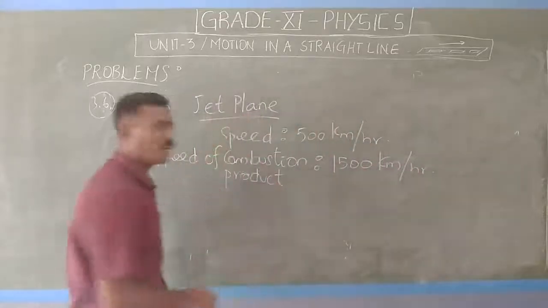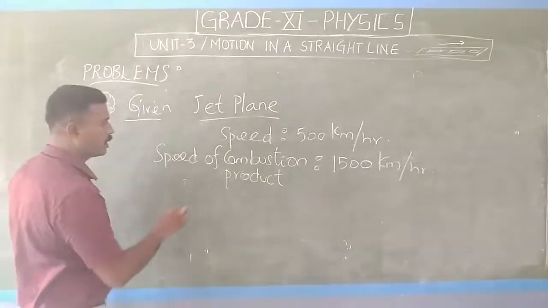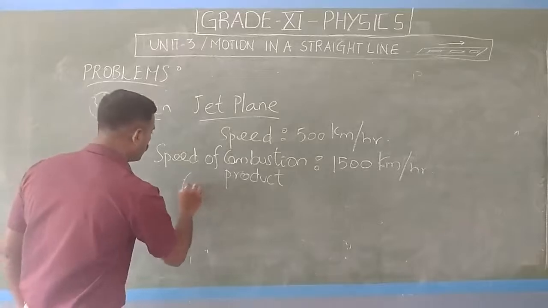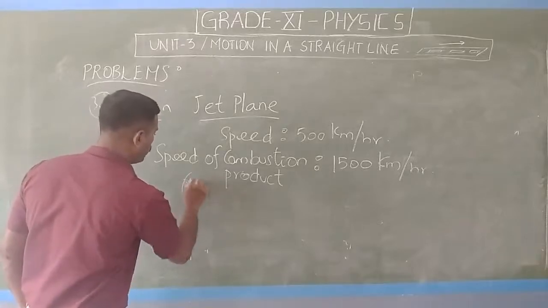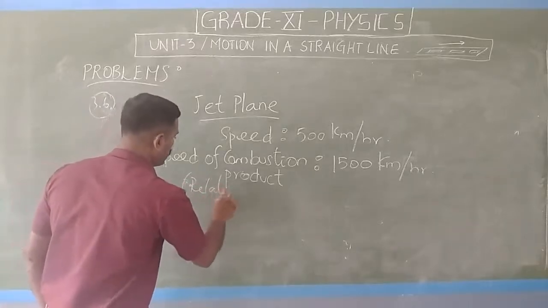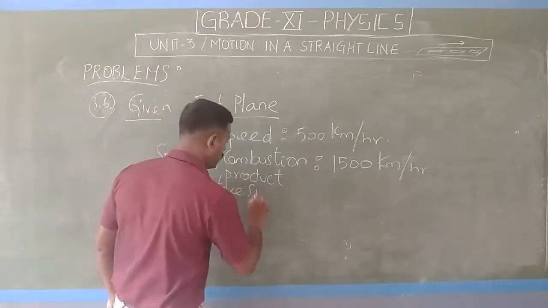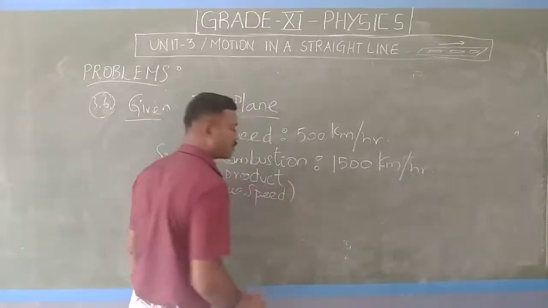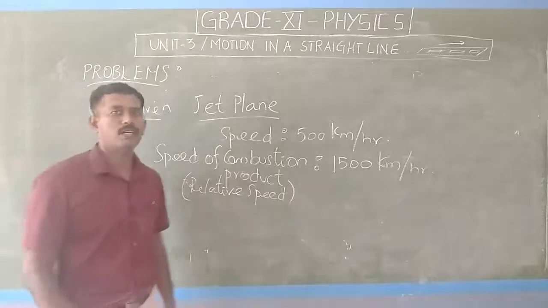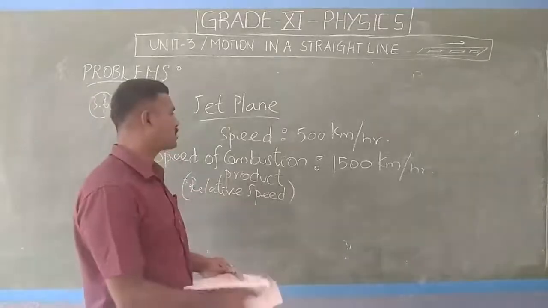That is relative velocity. It is given as relative speed. This combustion product is coming away from the jet plane. So this speed is given as a relative speed.